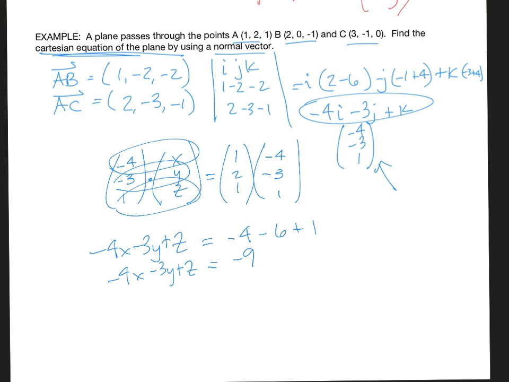And again, Cartesian form, I would prefer this to be positive. 4x plus 3y minus z equals 9.